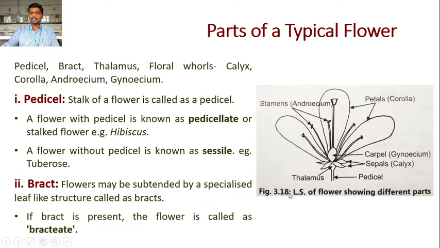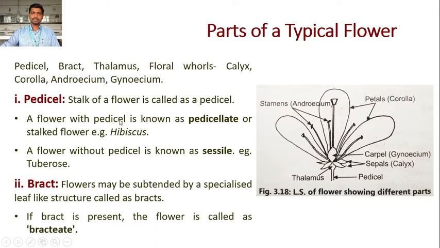If bract is present, the flower is called a bracteate flower, and if bract is absent, or a flower without bract, it is called an ebracteate flower. So bract is a leaf-like structure present at the base of the pedicel.